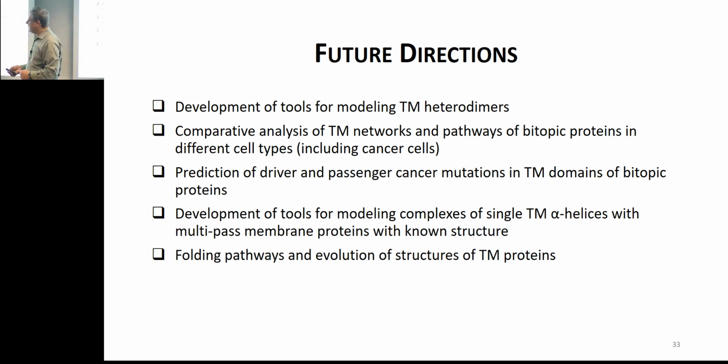And we can try to predict the influence of passenger or driver cancer mutations in transmembrane domains of bitopic proteins. Or we can develop tools for modeling complexes between a single alpha helix and multi-pass membrane proteins with known three-dimensional structure. Or we can look at the folding pathways and evolution of structures of multi-helical transmembrane proteins, because we can calculate, for example, the stability of alpha hairpins.